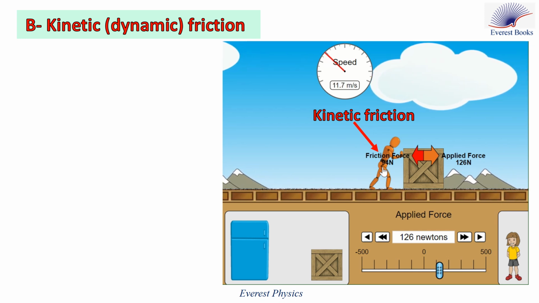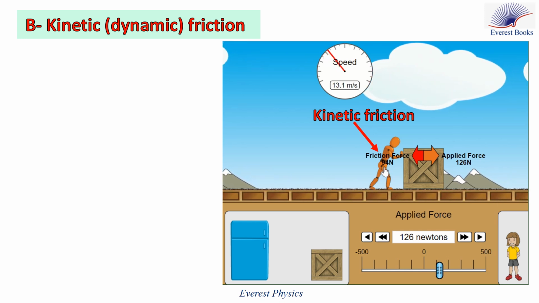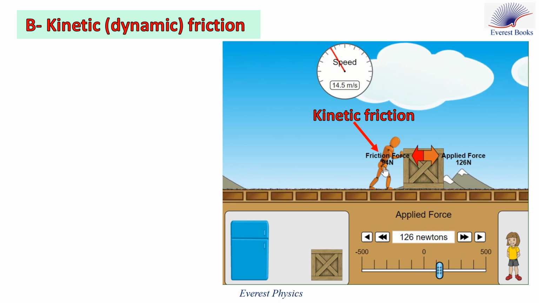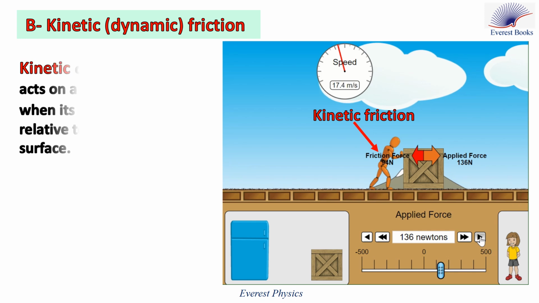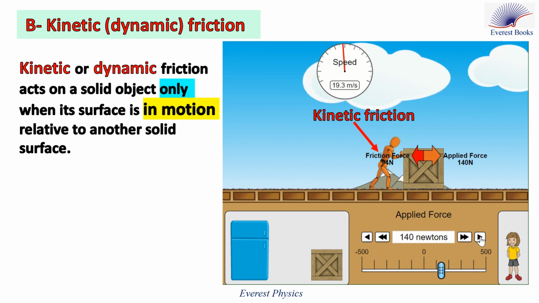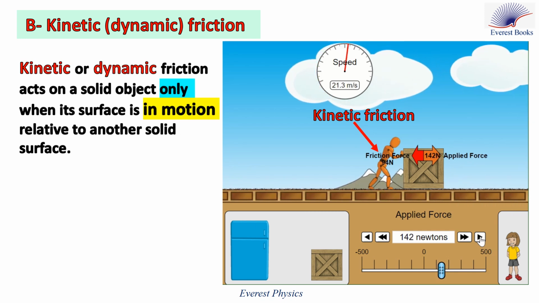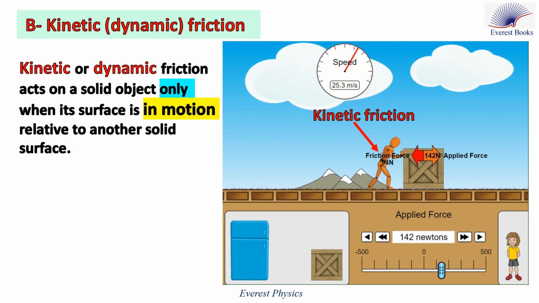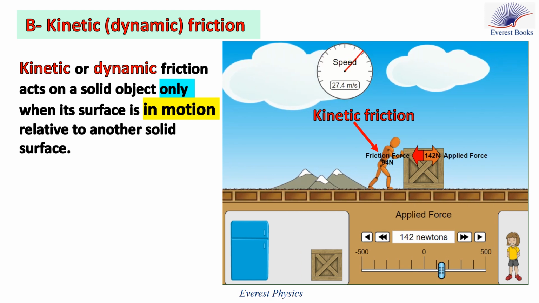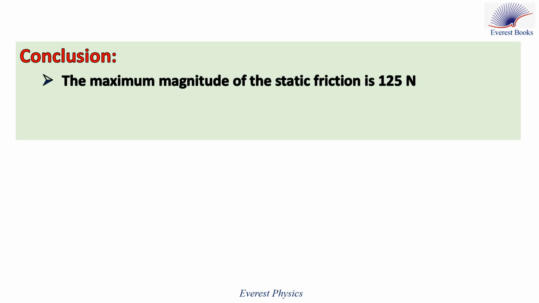We notice that during motion, the kinetic friction has a constant magnitude regardless of the applied force and the speed of the box. Kinetic or dynamic friction acts on a solid object only when its surface is in motion relative to another solid surface. The previous simulation shows that the maximum magnitude of the static friction is 125 newtons.